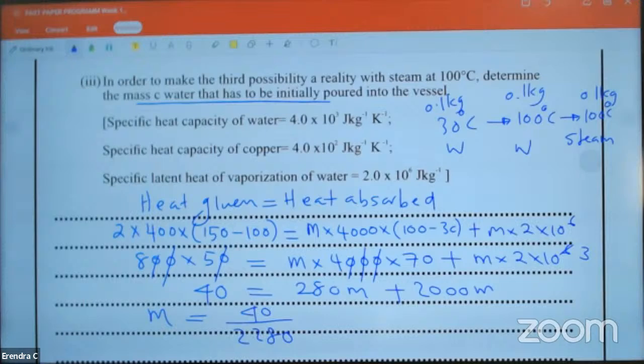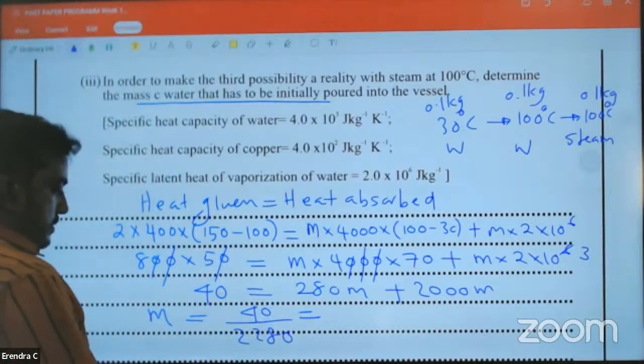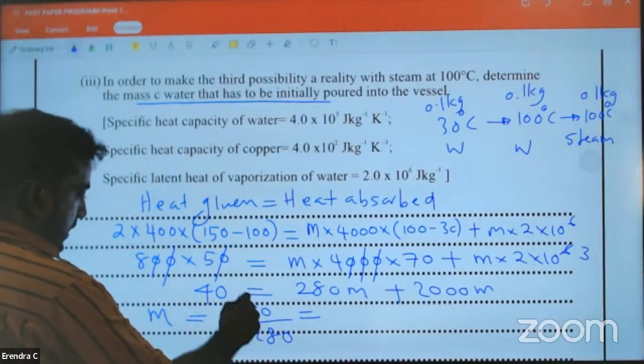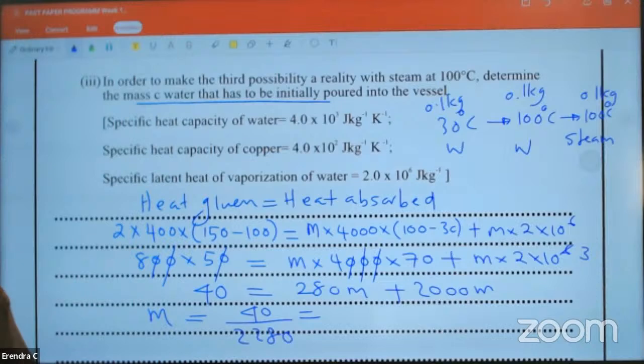Somebody tell me. What's your answer? It's 1/57 kg.